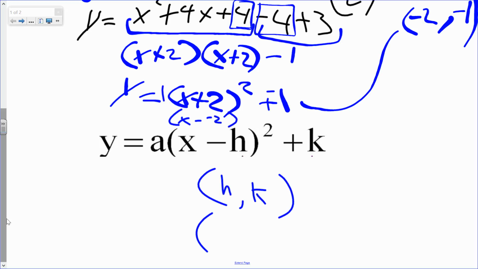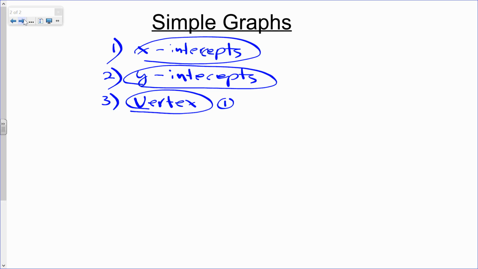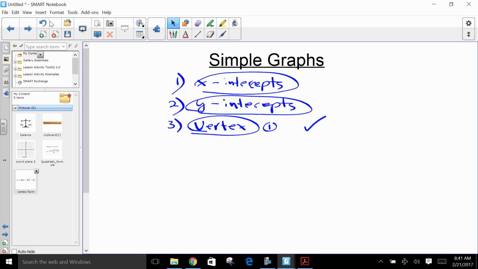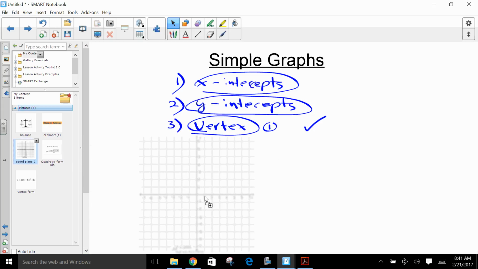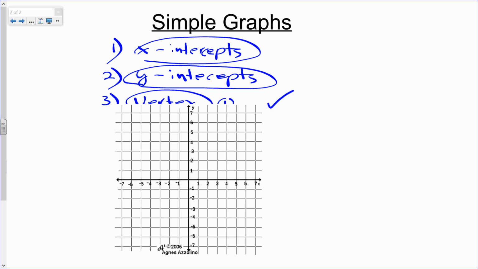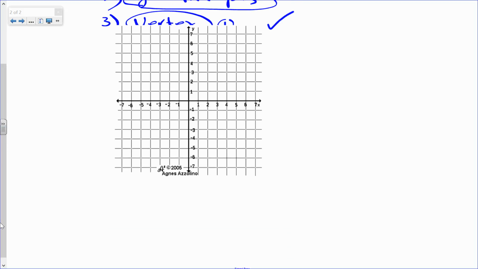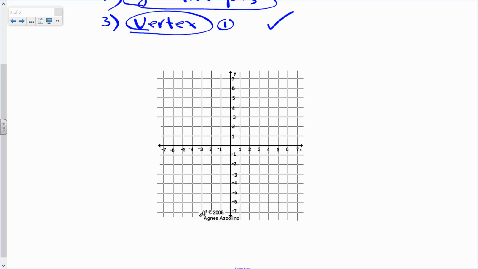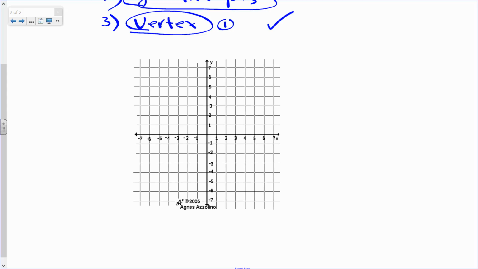So the vertex is done. Go ahead and grab your piece of graph paper. Make yourself an x and y axis, like mine, if you wish.